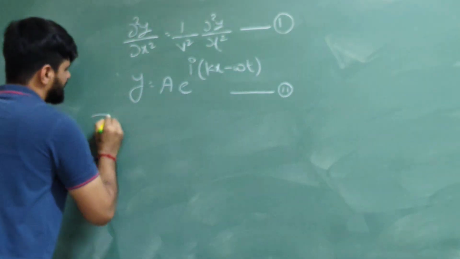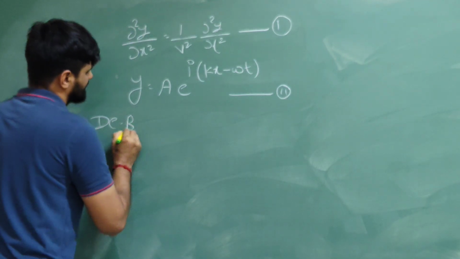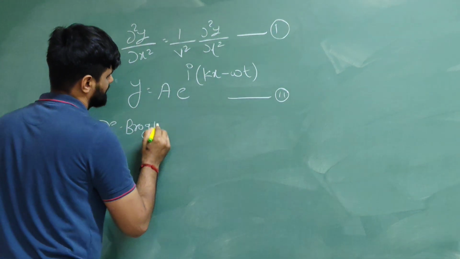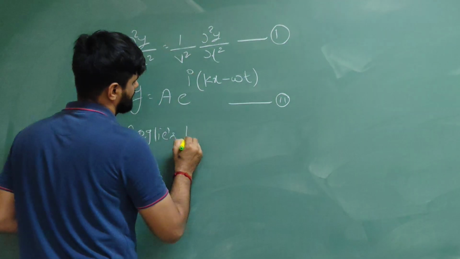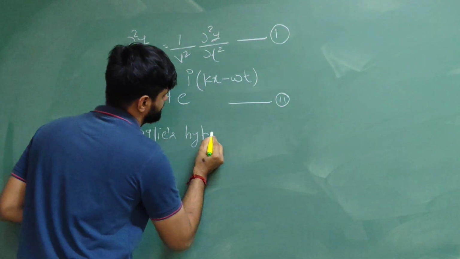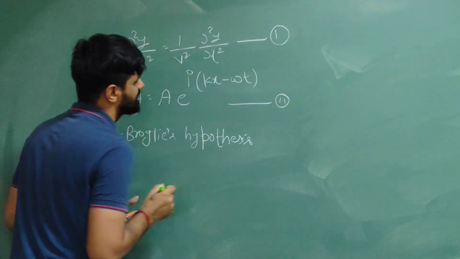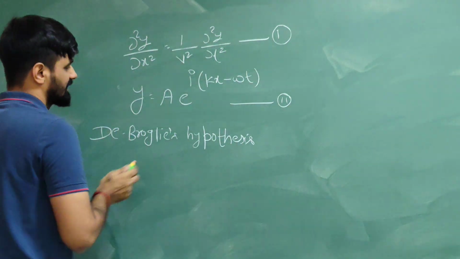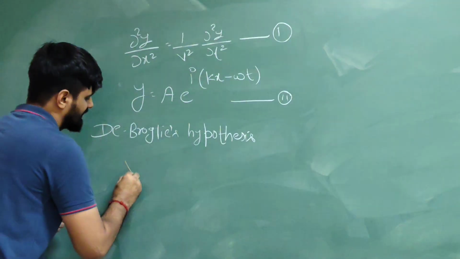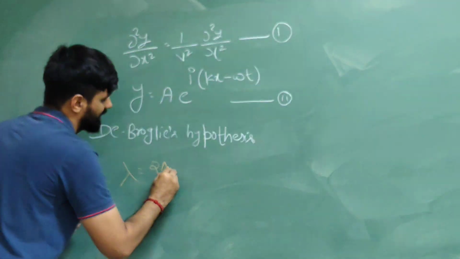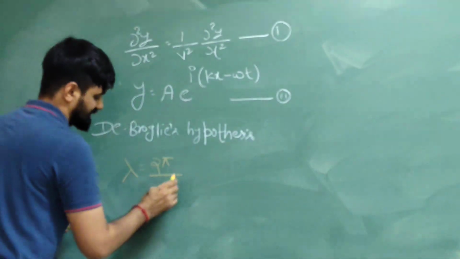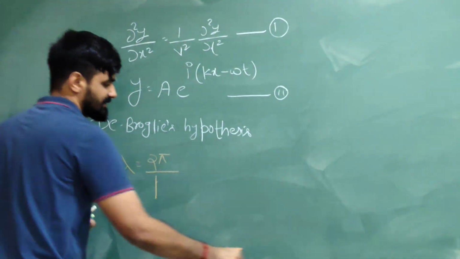And from the de Broglie hypothesis we know that lambda can be written as h by p.